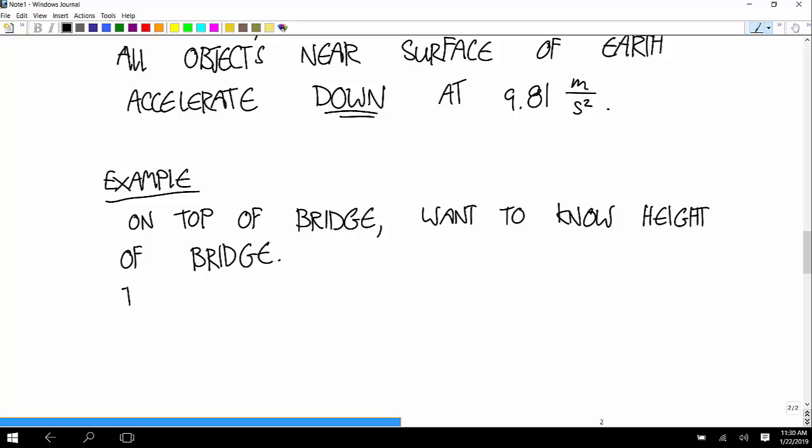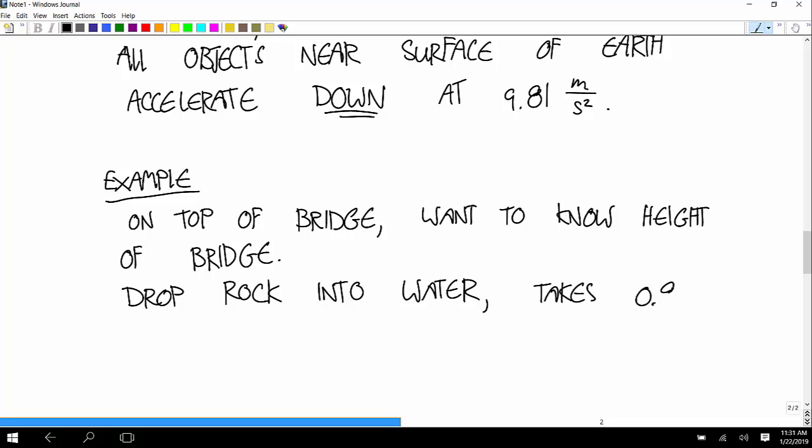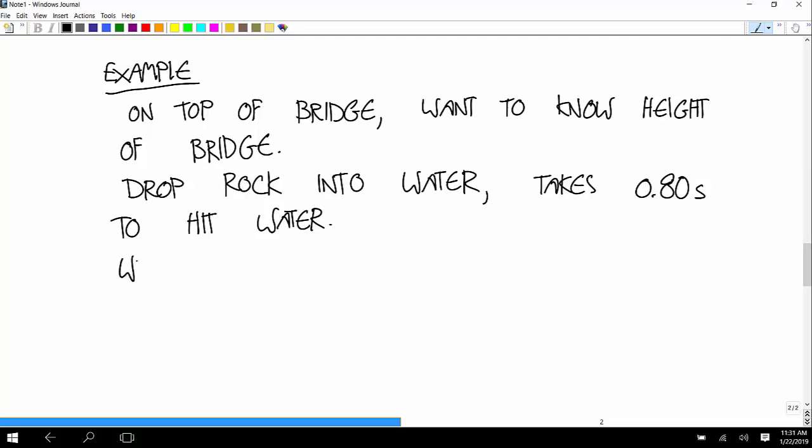So you drop a rock into the water, and it takes 0.80 seconds to hit the water. What's the height of the bridge?